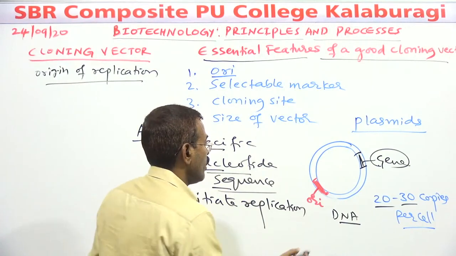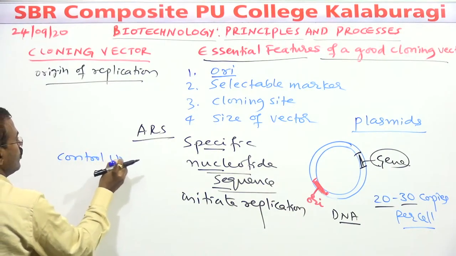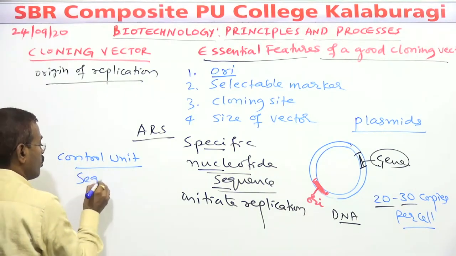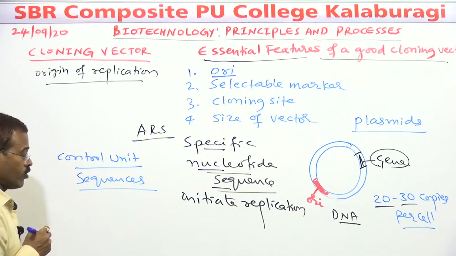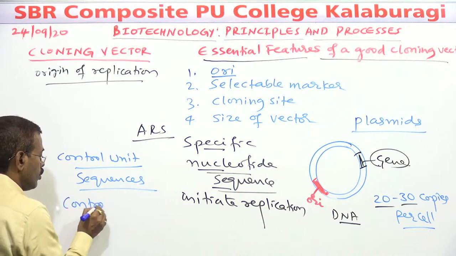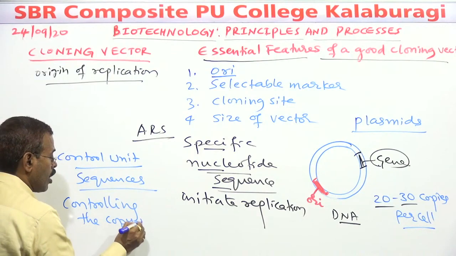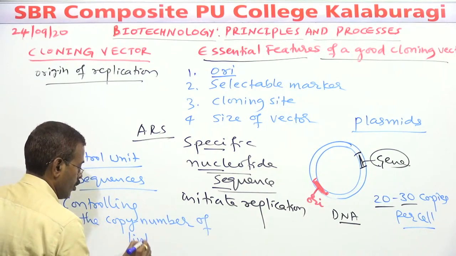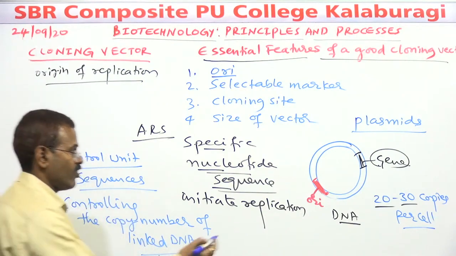Then, ORI also has a control unit, a replication control unit. Specific sequences are there which control the copy number of the linked DNA, which we have inserted.